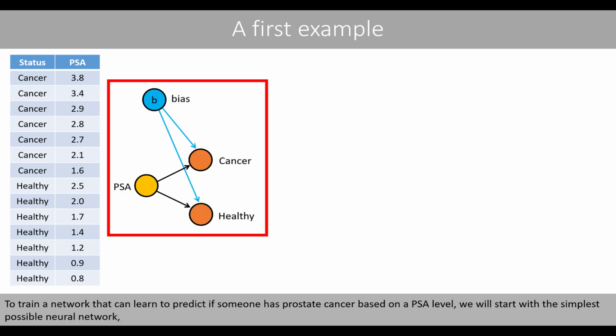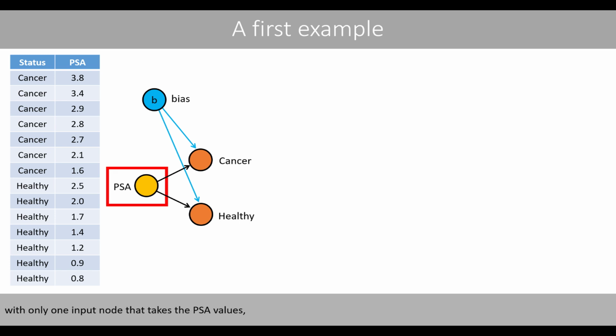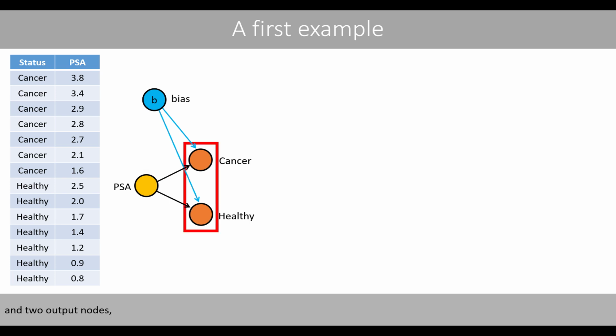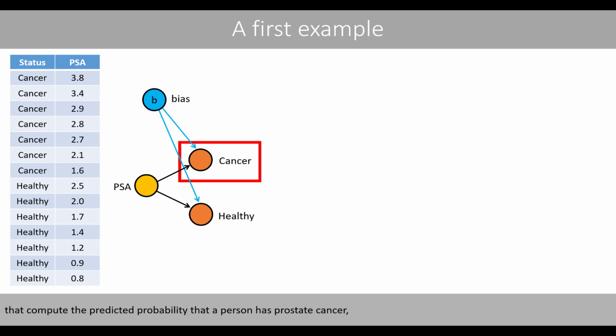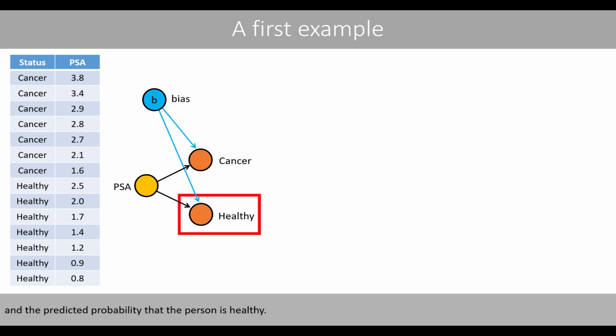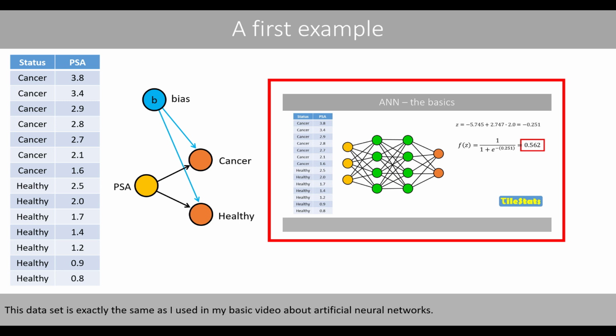To train a network that can learn to predict if someone has prostate cancer based on a PSA level, we'll start with the simplest possible neural network, with only one input node that takes the PSA values, and 2 output nodes that compute the predicted probability that a person has prostate cancer, and the predicted probability that the person is healthy. This dataset is exactly the same as I used in my basic video about artificial neural networks.